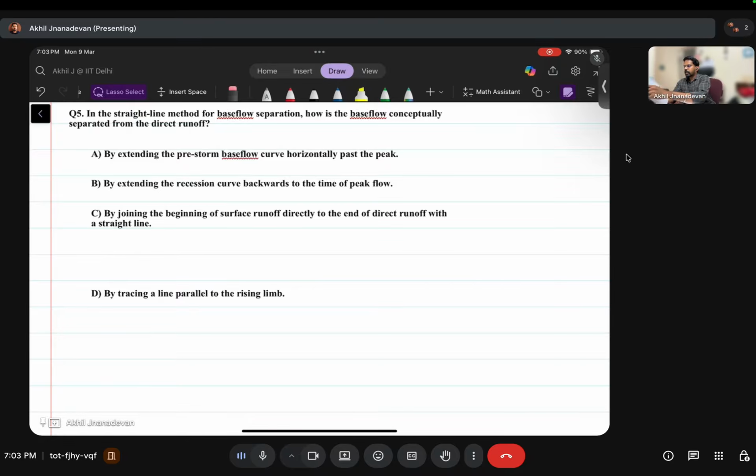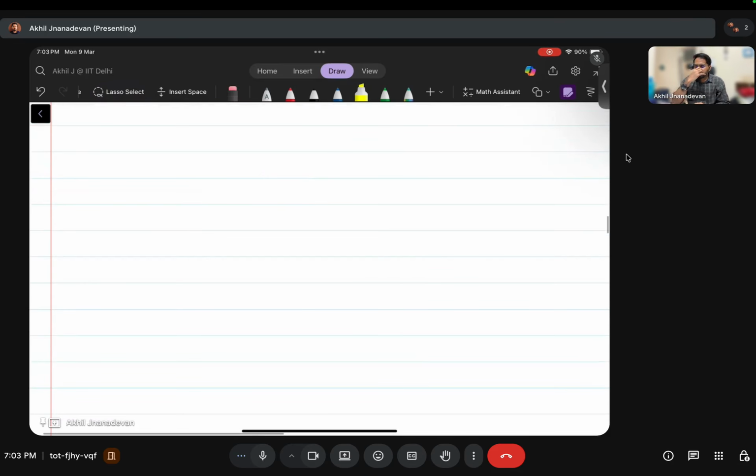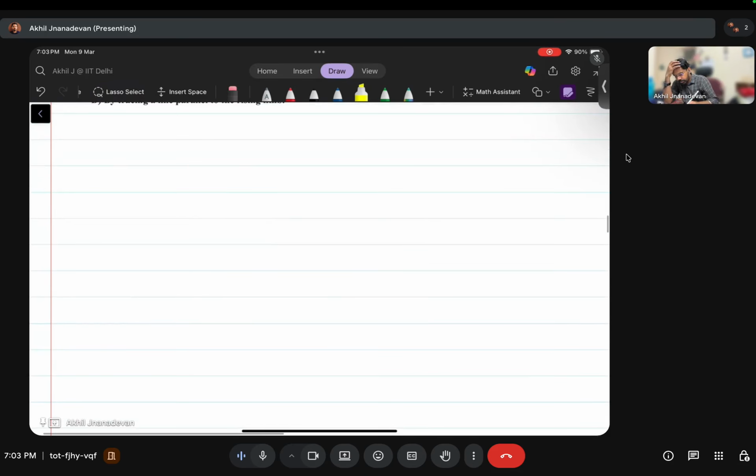So one method that I'll be discussing in this section will be the straight line method for base flow separation, how the base flow is conceptually separated from the direct runoff. One thing that you need to understand, we have the storm hydrograph. We already saw what a storm hydrograph is. If we subtract the base flow contribution, what we are getting is the direct runoff hydrograph.